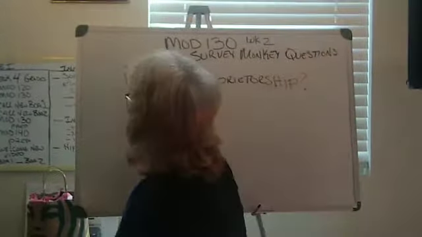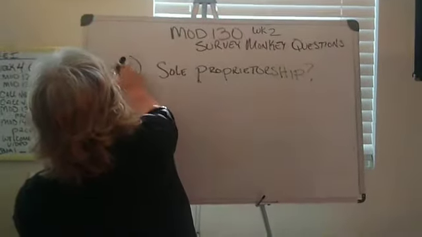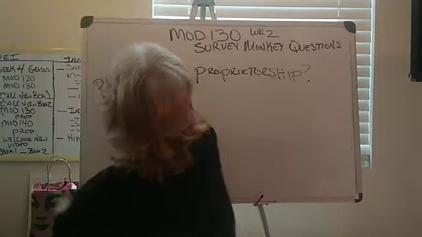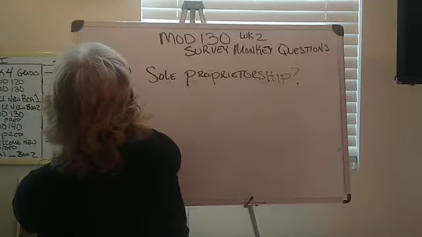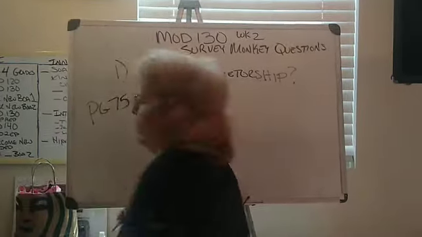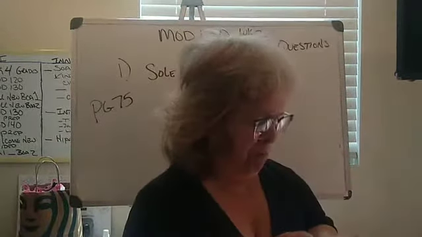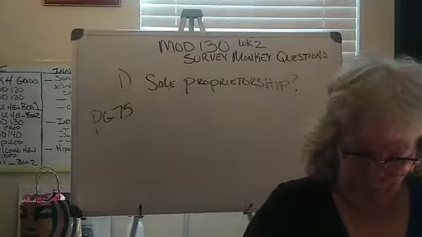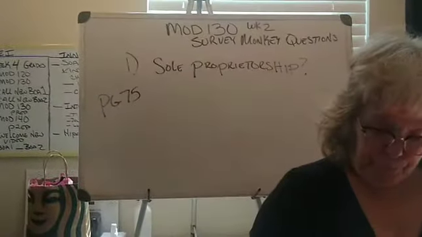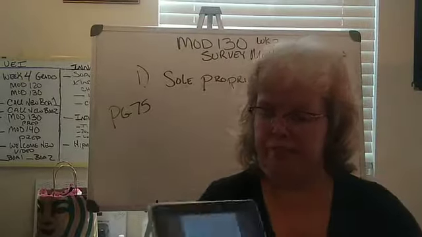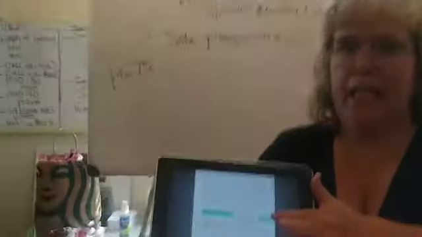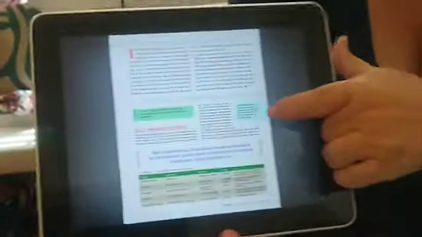Well, you can find this answer on page 75. All right, so go to page 75 with me, and we will find it. So if you look on page 75, it's going to be right here in the margin area where it has the definition of sole proprietorship.